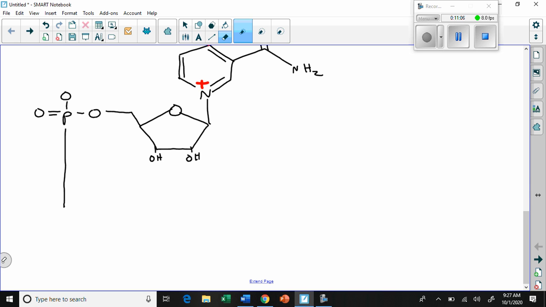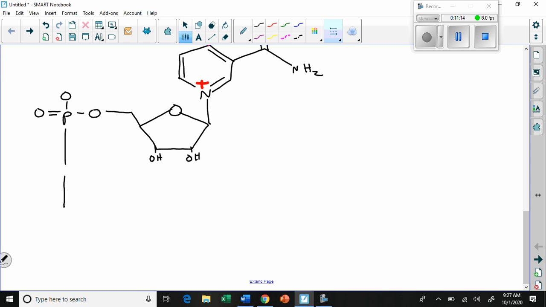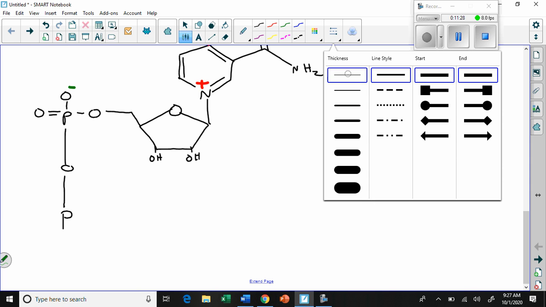Let me just put a little space, maybe right about there. And let's put in the O. There's the other O for the phosphate. And this is linked to another phosphate. There would also be, I guess we should just be very precise, a slight negative on that oxygen right at the top. So we'll do that too before I forget.